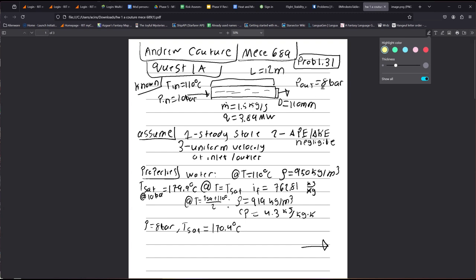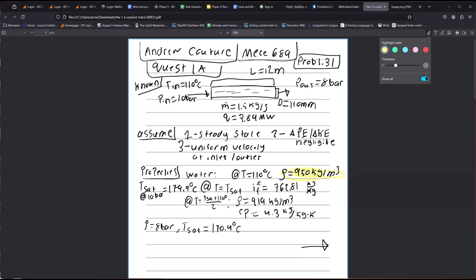And some initial properties here. First of all, using the temperature at the inlet, we can figure out that the density of the liquid is 950 kilograms per meter cubed. And from the pressure, we can also figure out the saturation temperature, where the water will start to become a gas.